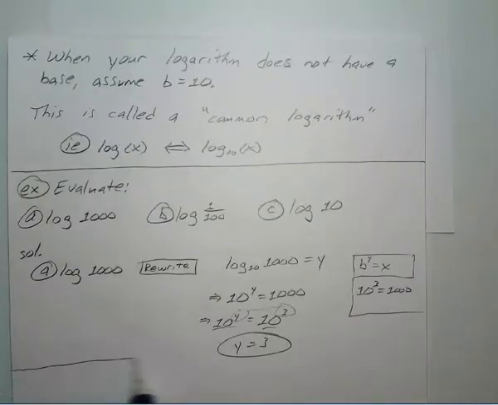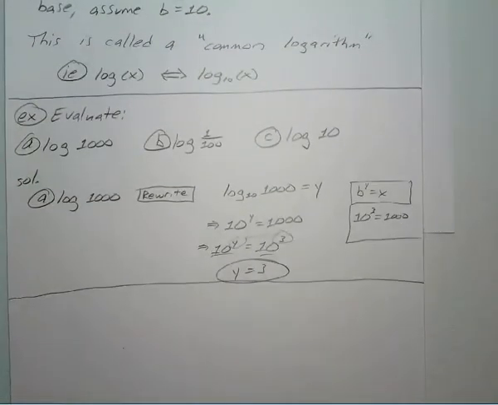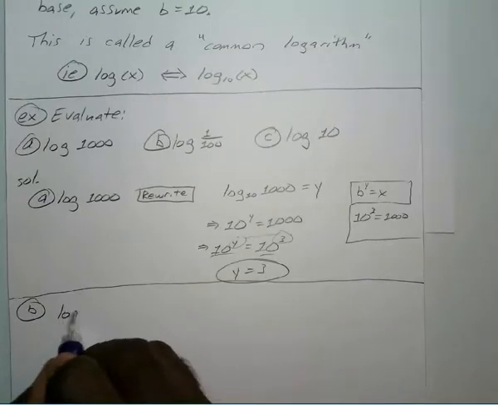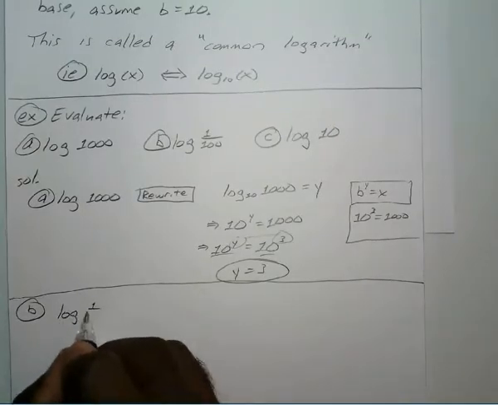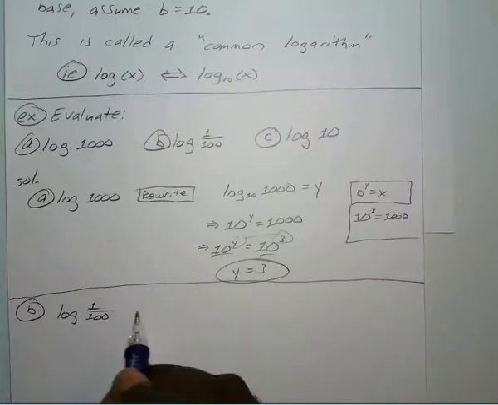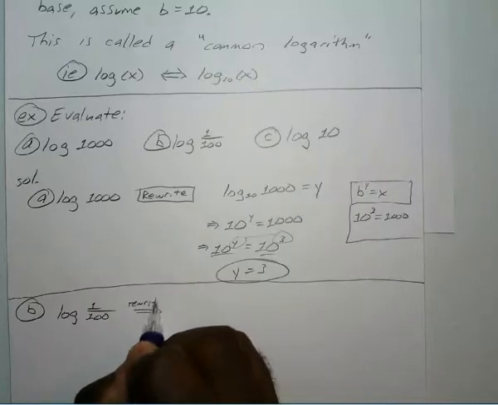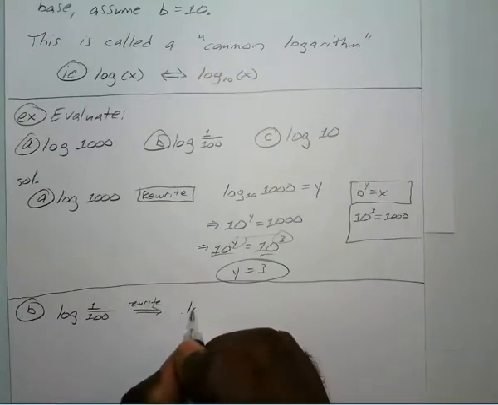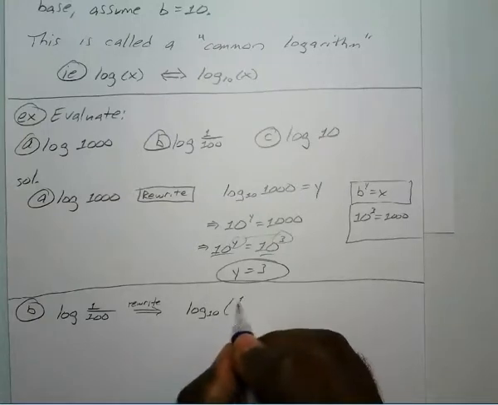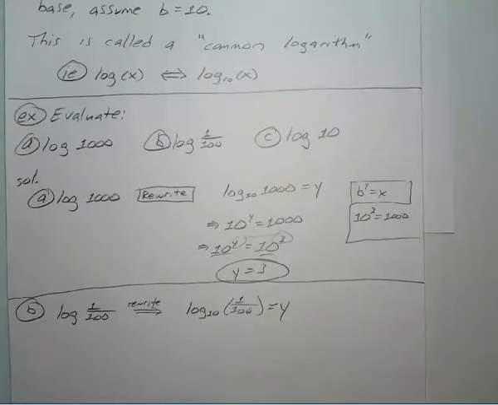Okay, let's go ahead and do our next example, or example B. So you have log of 1 over 100. We're going to rewrite that as log base 10 of 1 over 100 equals y.